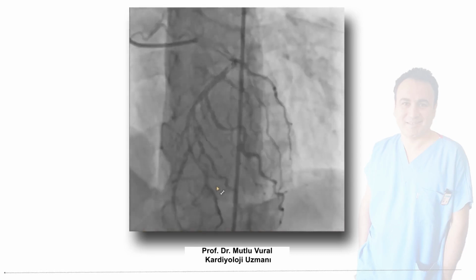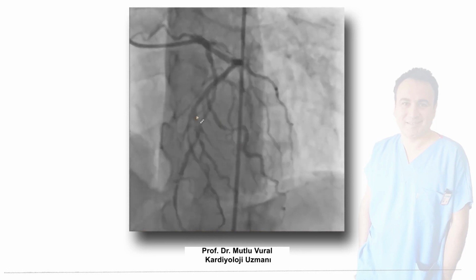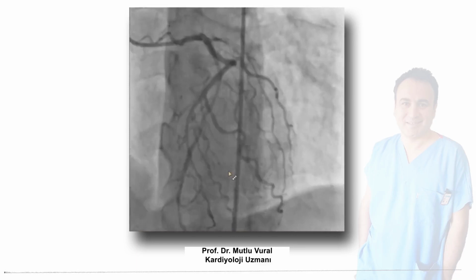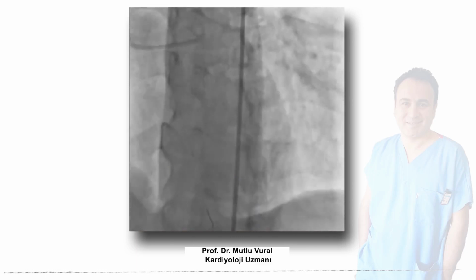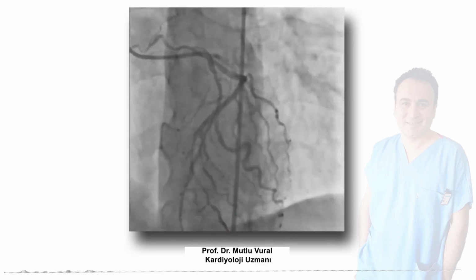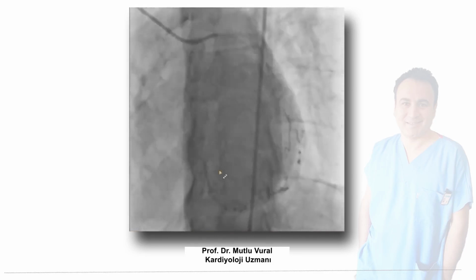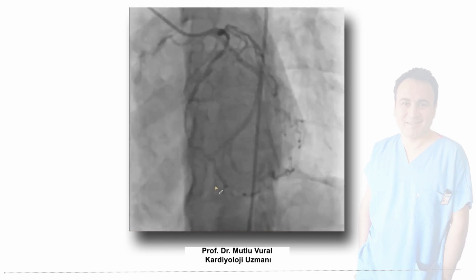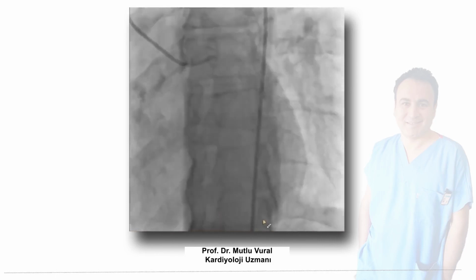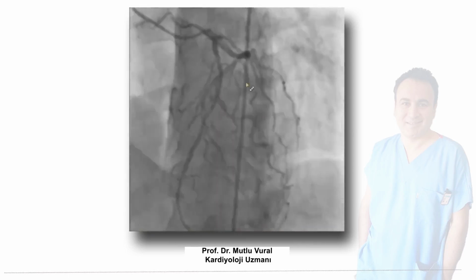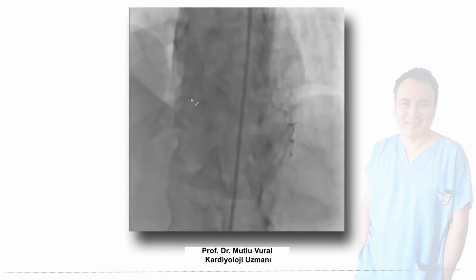And it shows that in case of a dominant circumflex, we should be very careful about the distal circumflex artery. At the beginning, there was marked overlap with the LAD and overbranching circumflex artery.